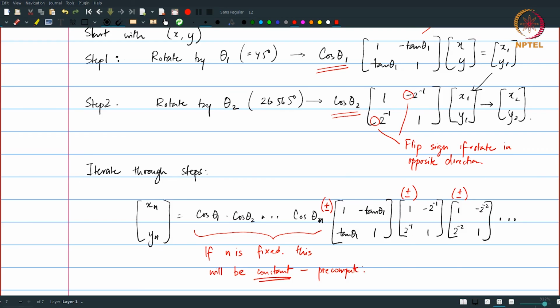It will be a function only of n and not of the sequence of positive or negative rotations that I follow. This basically allows me to pre-compute a certain coefficient and say that by rotating by each of these individual angles, I can end up getting the final value xn yn, which is a rotated version of the original xy that I started with.